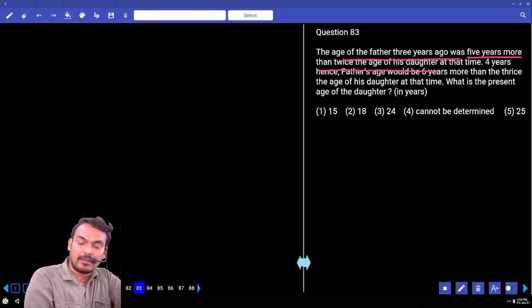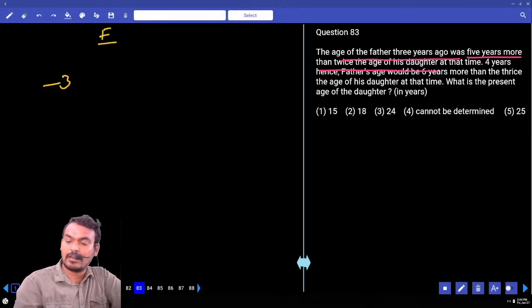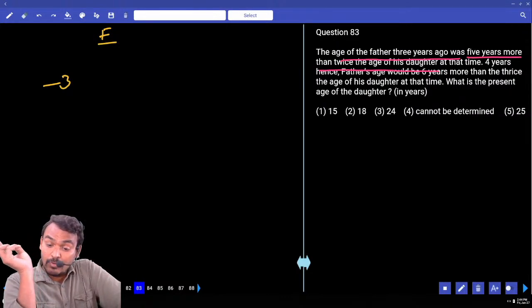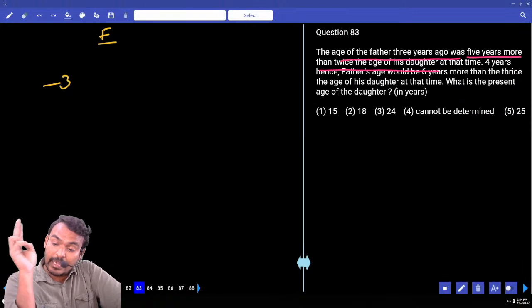How many years back? 3 years back. 3 years back, father was how many times the daughter? 5 years more than twice the age of his daughter.